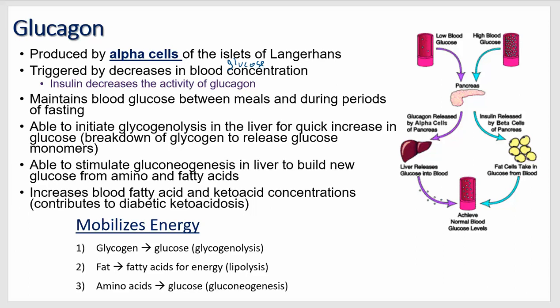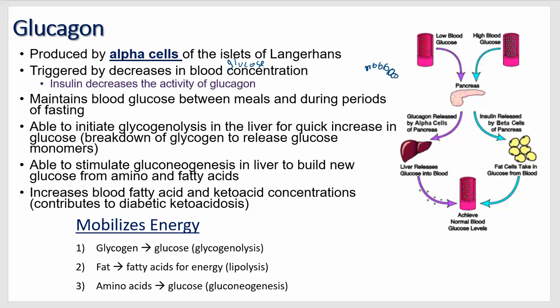Okay, so sometimes we say that it's a hormone of starvation or something like that, but it's really fasting, low glucose. It's trying to keep it in homeostasis. So this is what we do to raise it. It's able to initiate glycogenolysis. Remember glycogen.